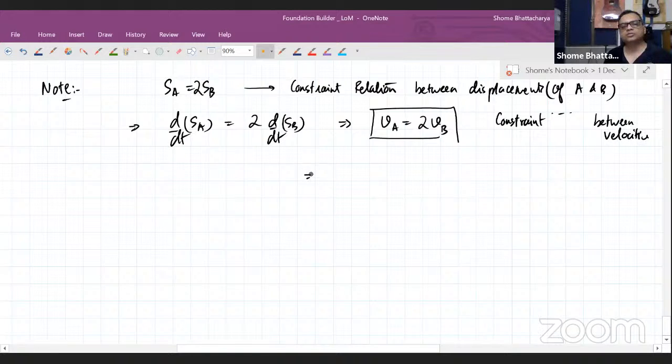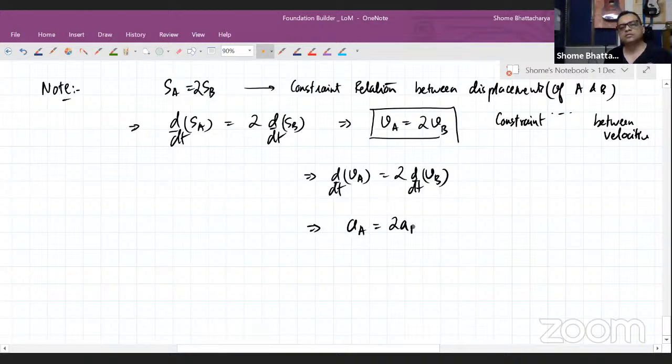And differentiate this once more. So this will give you the relationship between the accelerations.